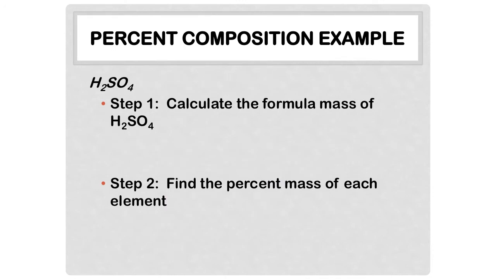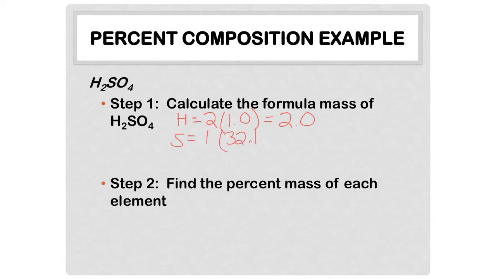All right, so if we are doing a percent composition of a molecular formula, the first thing we have to do is calculate the gram formula mass of our compound. So we have two hydrogens, each hydrogen has a mass of 1. Sulfur, we have 1 sulfur in the compound.